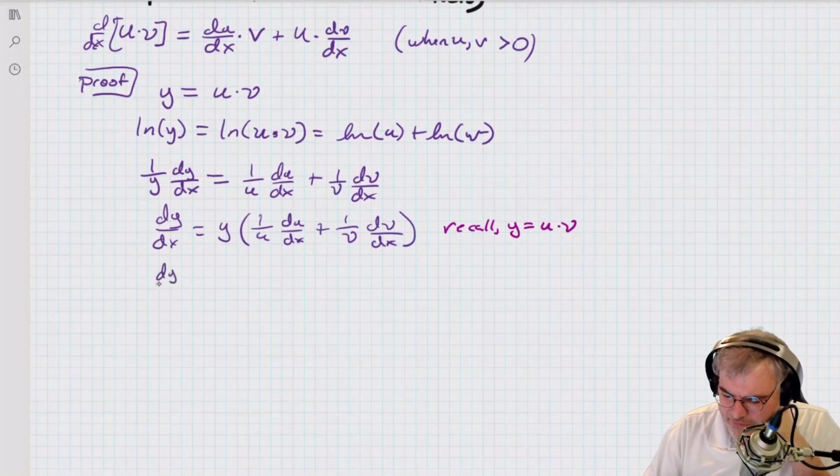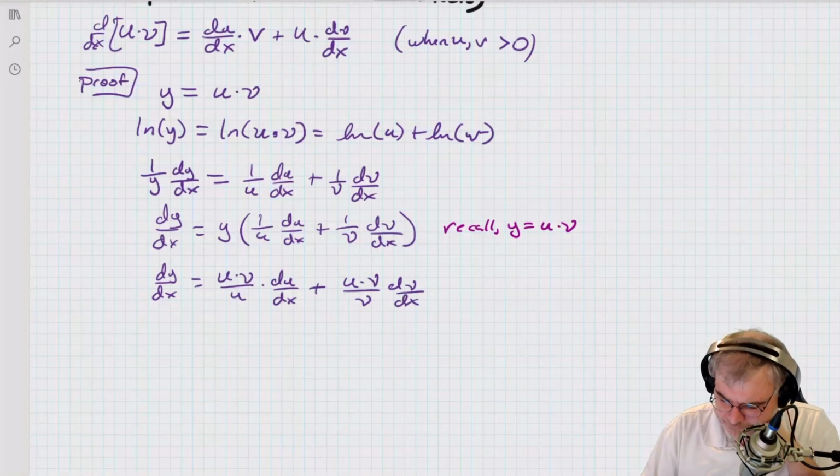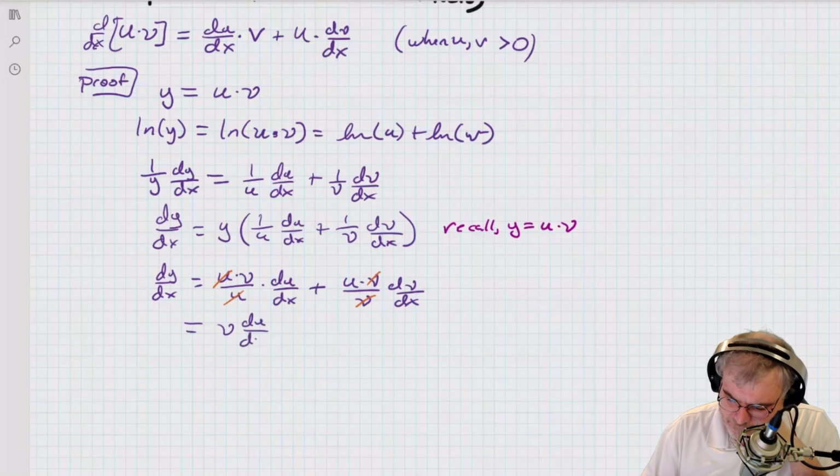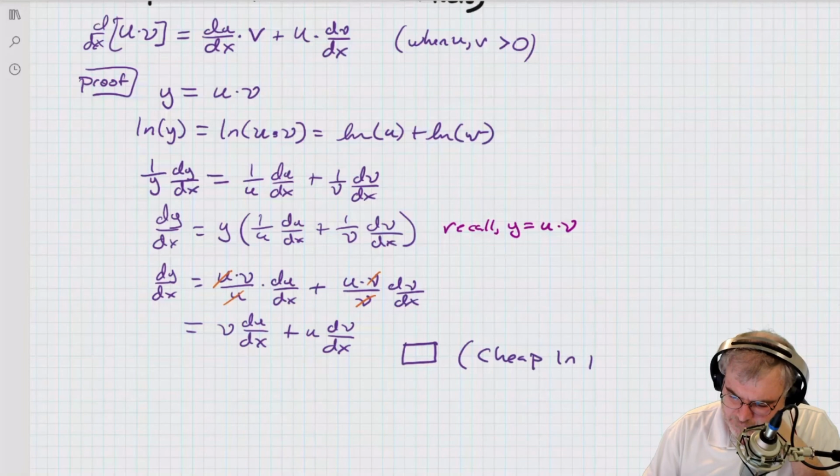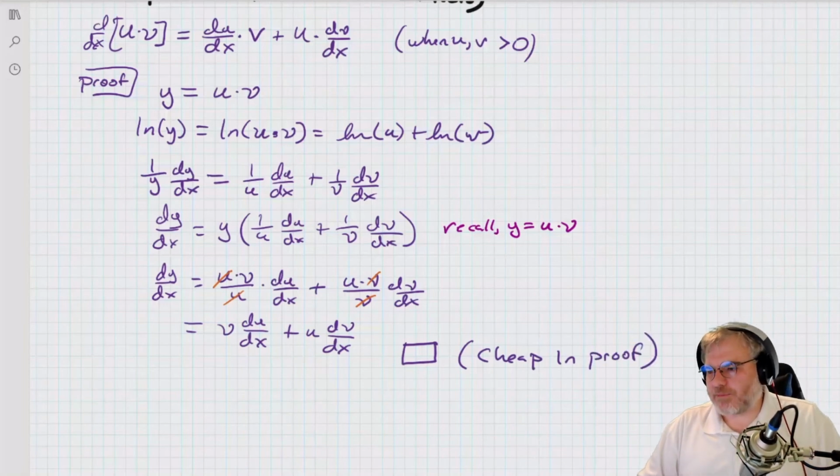So I wind up with dy over dx equals u times v over u times du over dx plus u times v over v dv over dx. And I have a cheap log proof for the product rule.